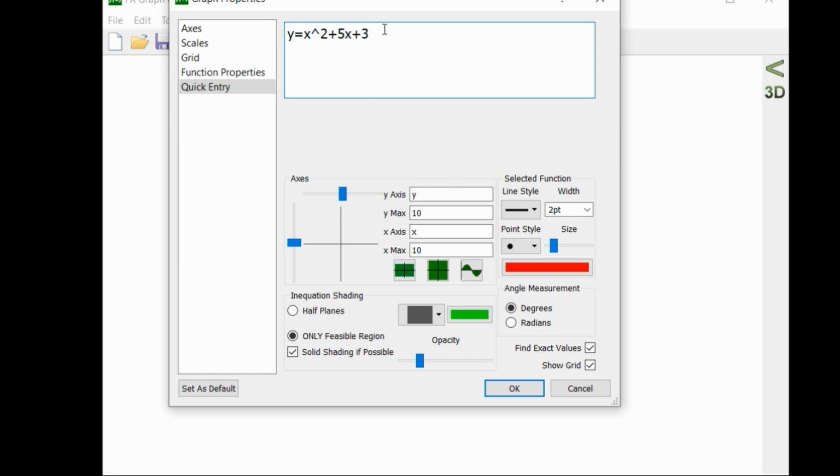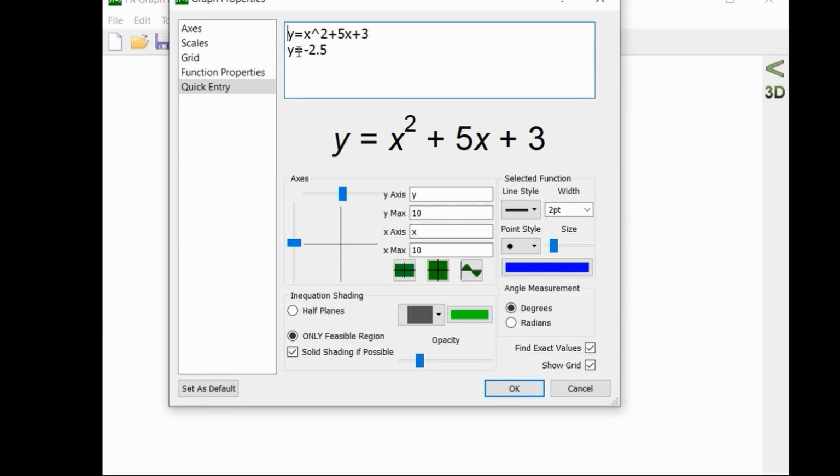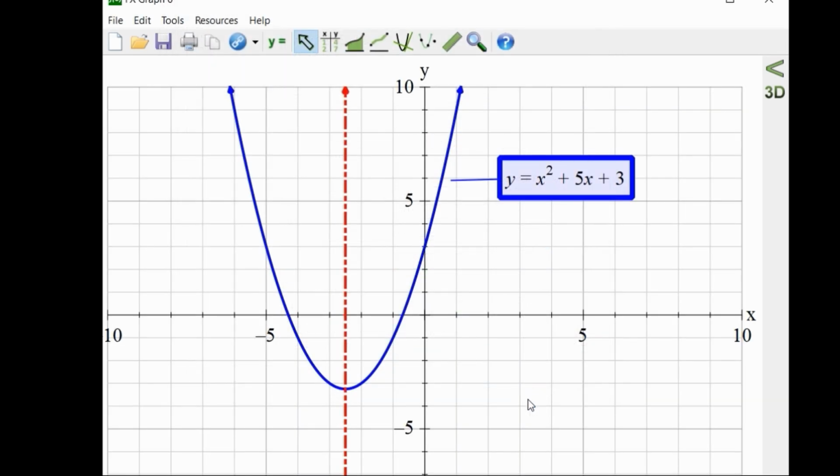If I put y equals -2.5, make that dotted, that is where we would expect to have the minimum value. And I've done that the wrong way. Hang on, that should be x equals. Well, that certainly looks as though it's the axis of symmetry. It's the center of that curve, isn't it?